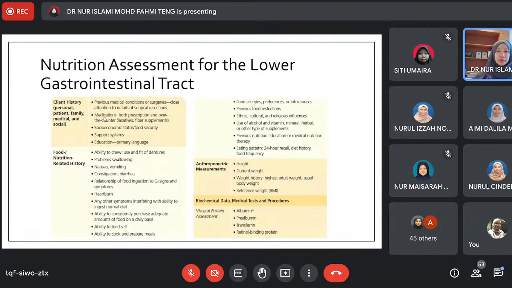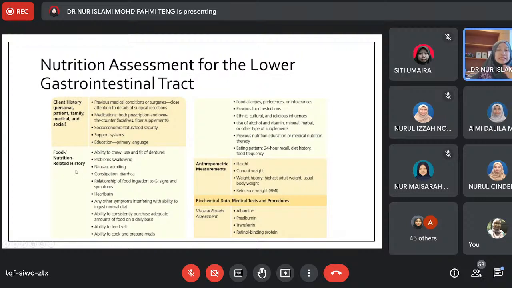The socioeconomic status and also food security, because issues such as diarrhea can be related to socioeconomic status and food security as well. Then the support system, education, and food and nutrition related history.